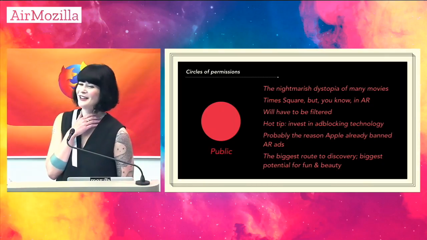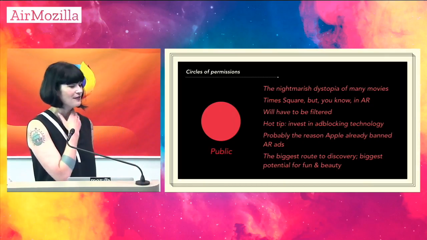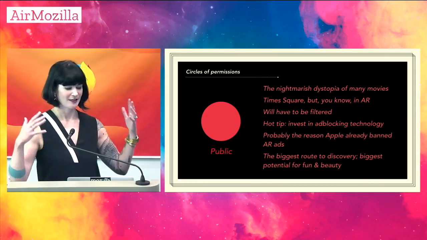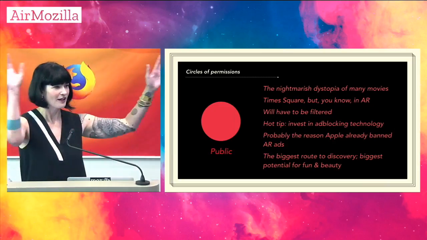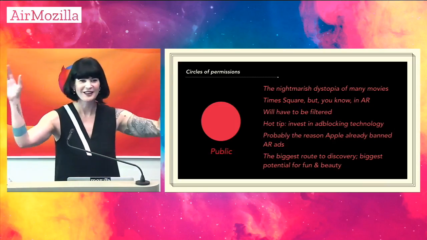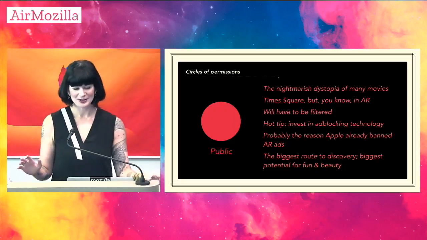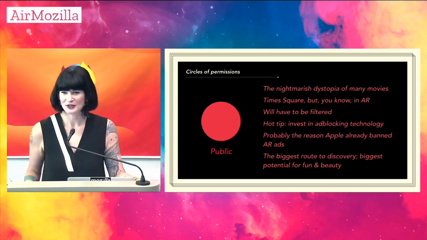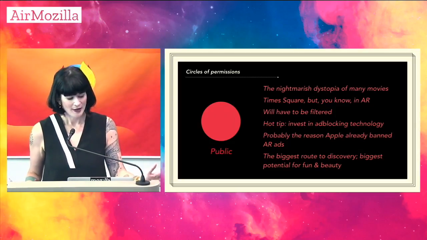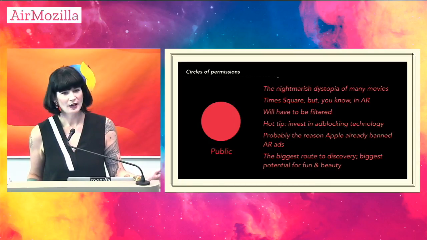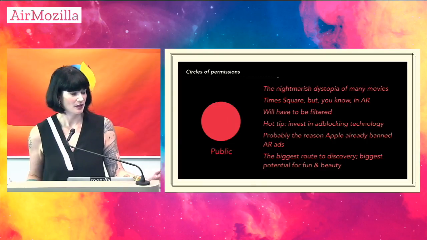The public space. This is when you're walking down the street, stuff that's owned by the government. What does this look like? This could be the nightmare dystopia of Times Square everywhere, where you're going to need an ad blocker. This future could suck. Obviously, it's going to have to be filtered. We might have to have many filters. And I think it's telling that Apple has already banned ads for augmented reality.